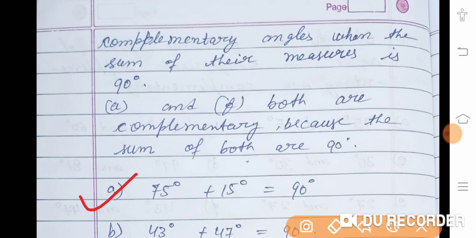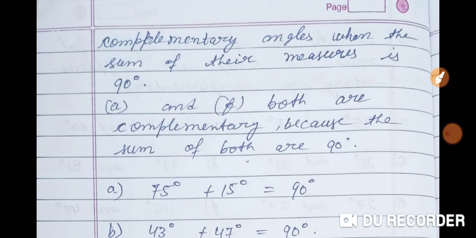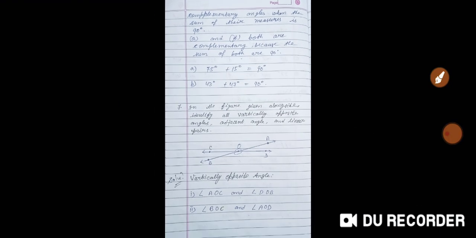So A, 75 and 15 is equal to 90. Similarly 43 degree and 47 degree is 90 degree. So you can tell that A and F both are complementary angles because the sum of their magnitudes is 90 degree. Okay, my dear.